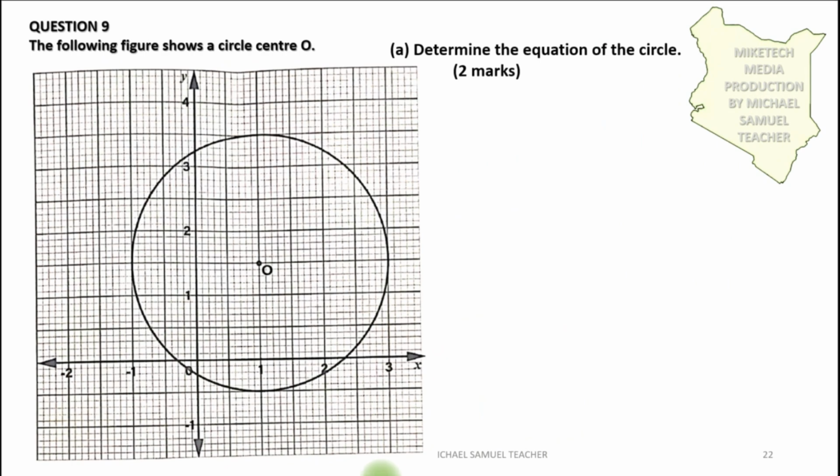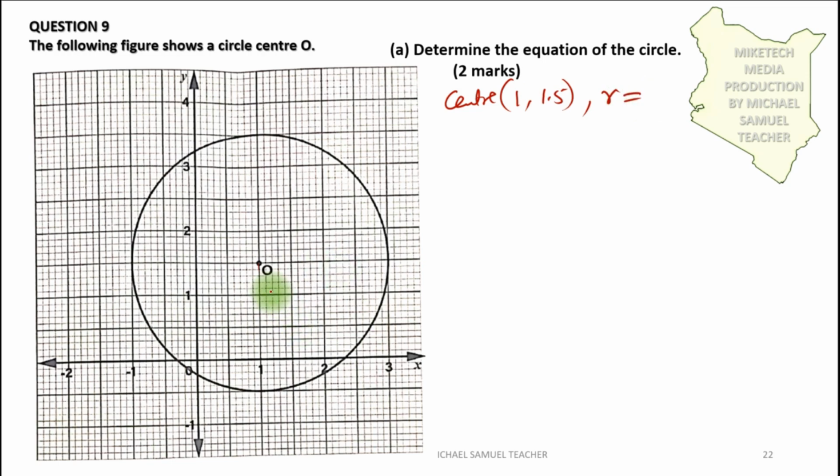Now, we need to get the equation of the circle, and for us to get the equation of the circle, we need to identify the center of the circle. So the x coordinate is 1, the y coordinate is 1.5, and then we also need the radius.